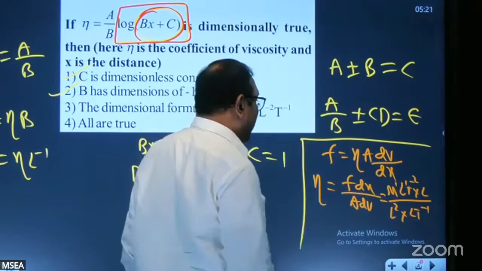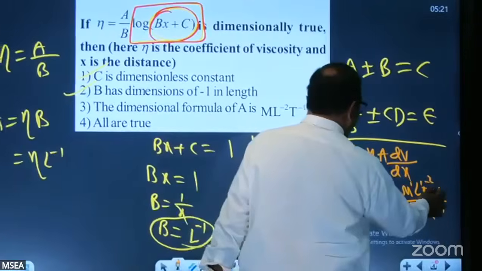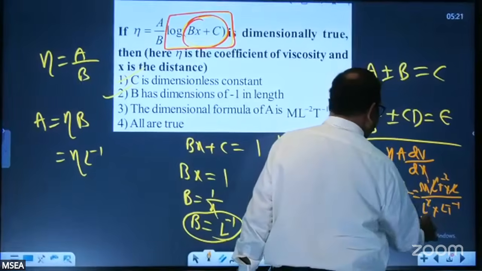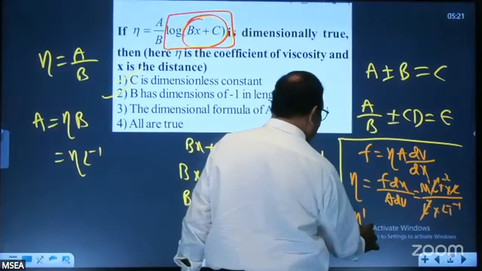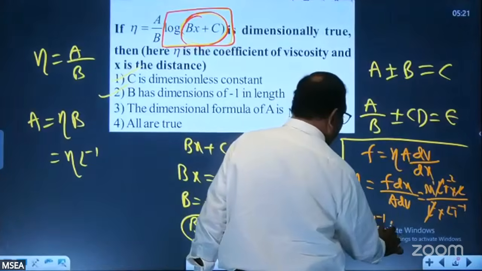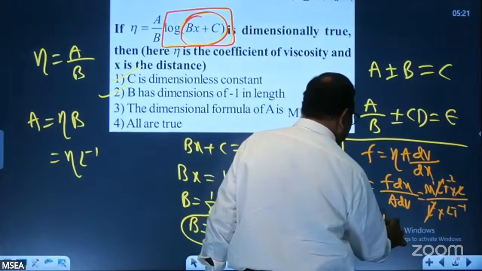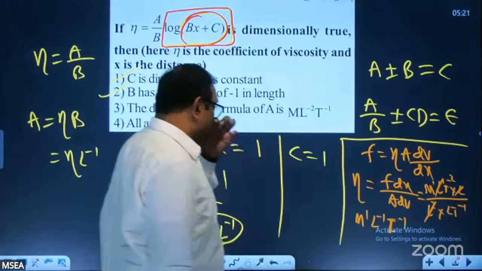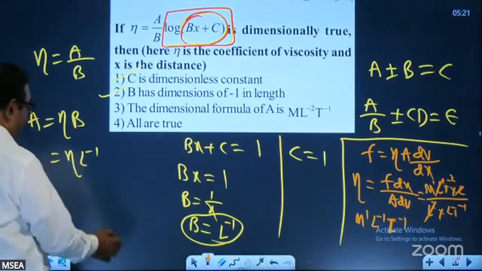Velocity gradient we call V by x. So L square cancels, and we have M1 L minus 1 T minus 1. This is the dimension formula for the coefficient of viscosity.